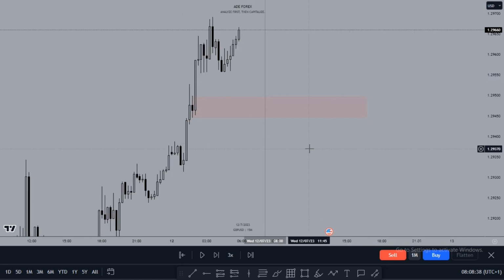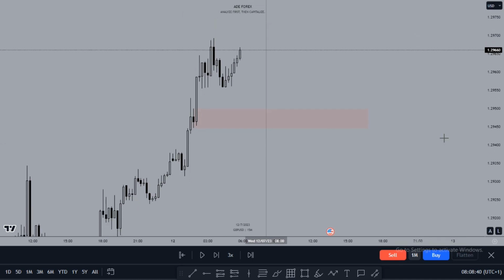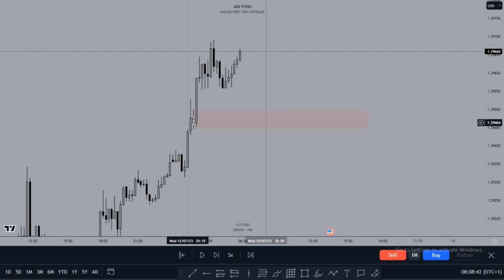I was looking at what the market would do at this area, and as you can see, it also aligns with the optimal trade entry zone. I was expecting this low to get taken out to liquidate the early buyers around that area before I got into the trade.